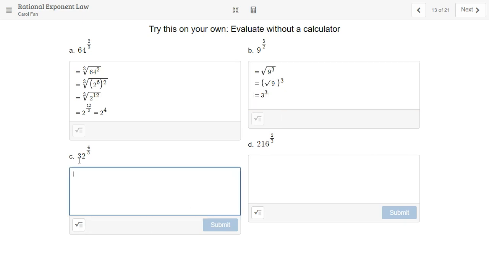Part C, 32 to the power of 4 over 5. This is equal to the fifth root of 32 to the 4. So the fifth root of 32 could also be written as the fifth root of 2 to the 5.